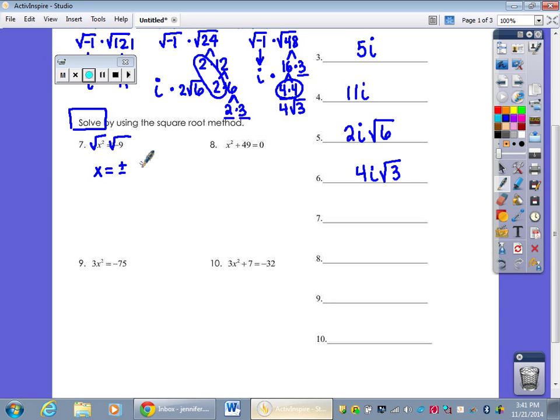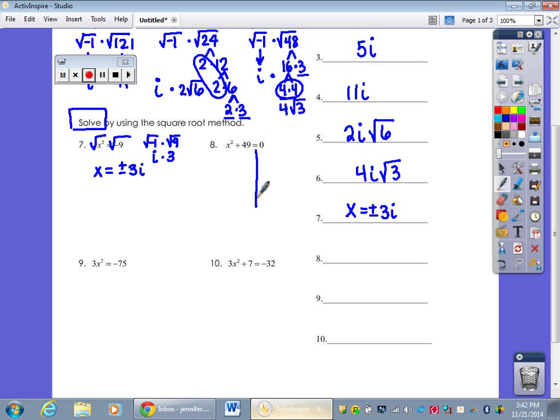So the square root of -9 would be the square root of -1 times the square root of 9. So this would be i times 3. So we're going to do plus or minus because we're taking the square root, and it's going to be 3i. So x equals plus or minus 3i.